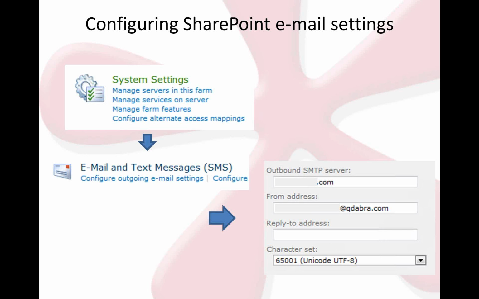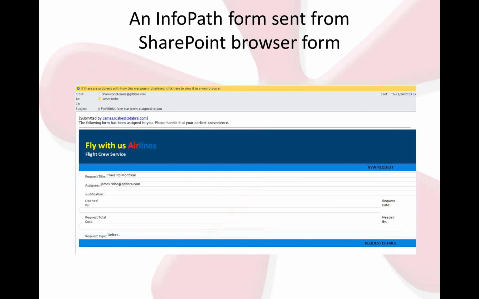You would specify the from address that would be used in all the emails that are sent, and you can indicate a reply address and the character set as well. So when a form is sent this way, again, the contents of the current view are rendered and then sent in email, and it comes up like this.